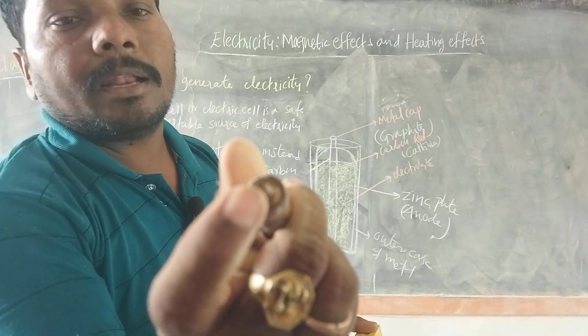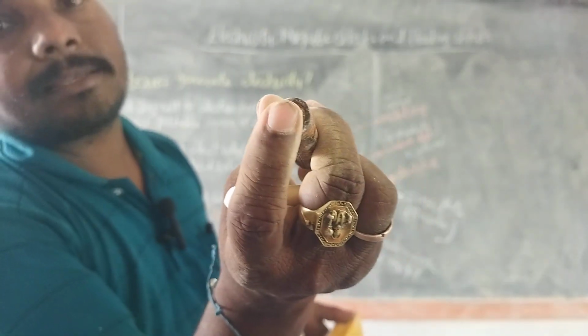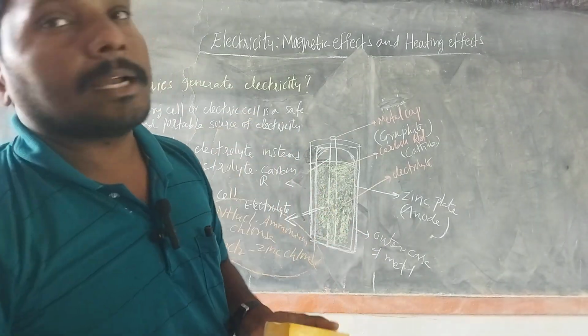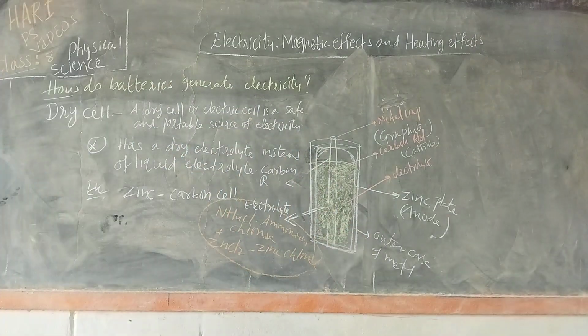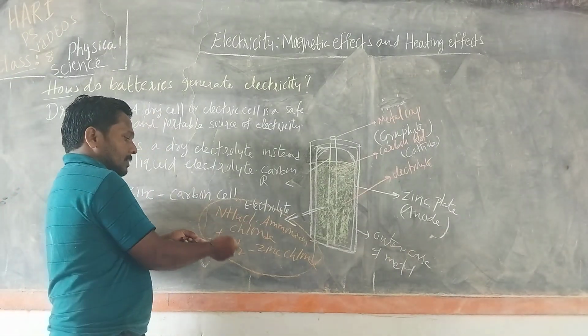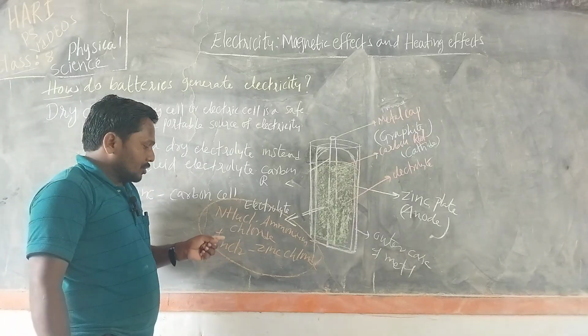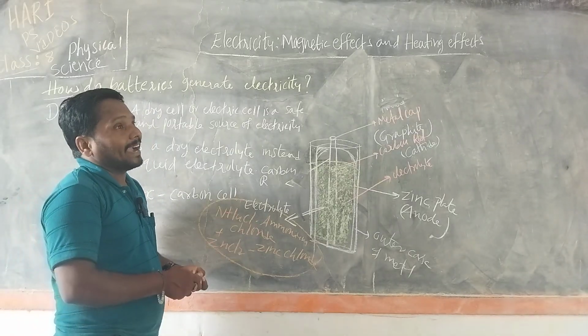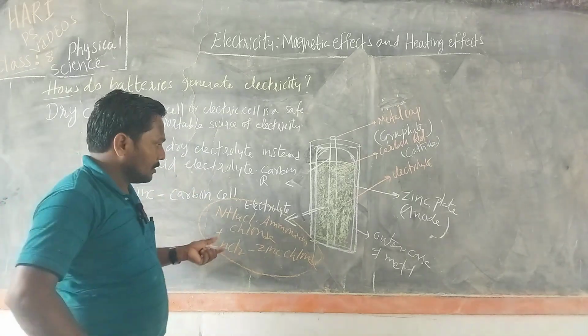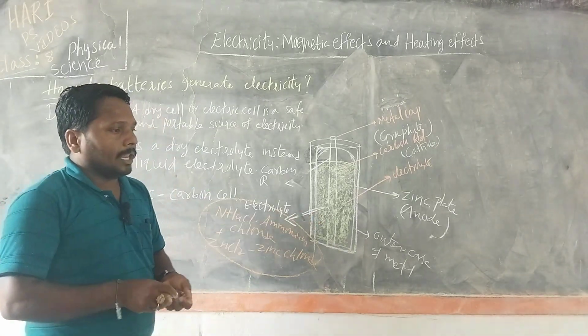So this small zinc plate acts as an anode, and inside the carbon rod acts as a cathode, with the mixture of ammonium chloride, zinc chloride plus manganese dioxide, which in some cases is also used as an electrolyte.